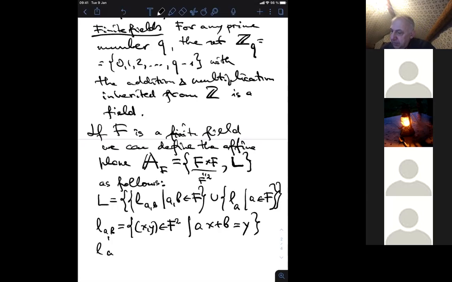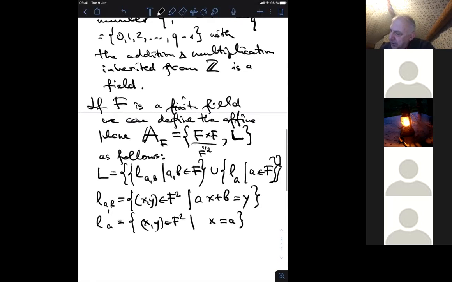And L_A would be the set of points in F squared such that x equals a. So these are vertical lines in the usual sense, and these are non-vertical.